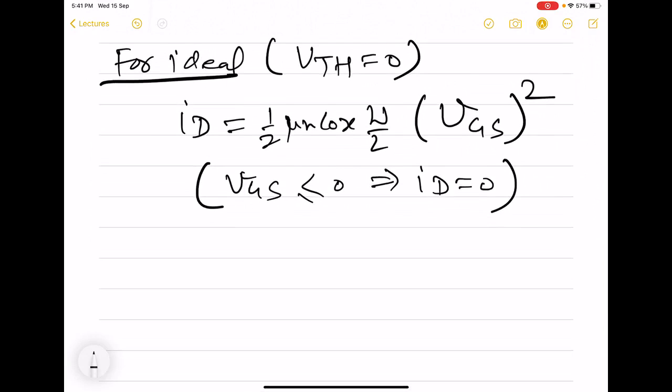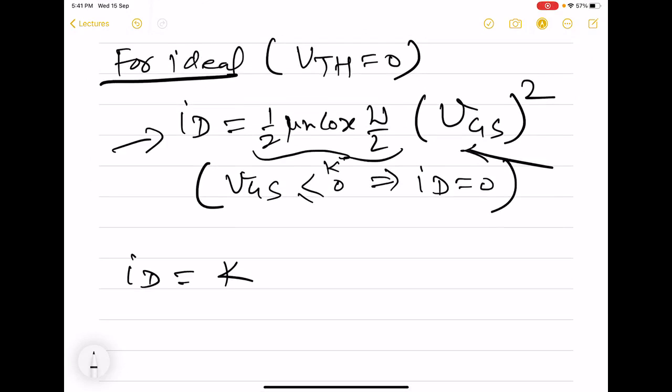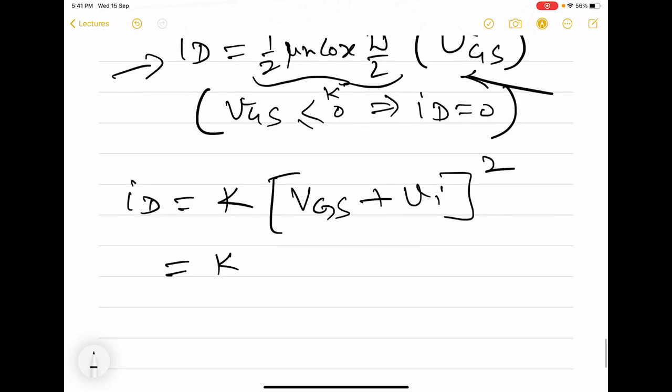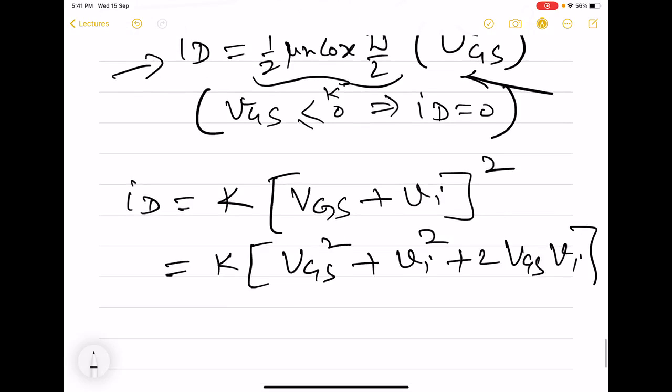So this equation says that you just substitute the gate to source voltage and find out the total drain current. We will be calling this factor K. So this total gate to source voltage is gate to source DC plus the RF or time varying part, or AC. So this will simplify to VGS square plus VI square plus 2 VGS VI.